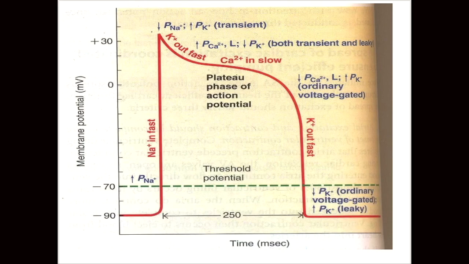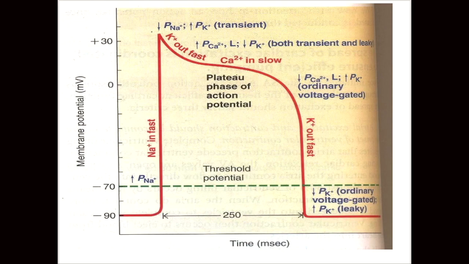Now the potassium ion channels, and keep in mind that what I am talking about is the potassium channels, these channels are transient channels and they are voltage gated potassium ion channels. And these are leaky.